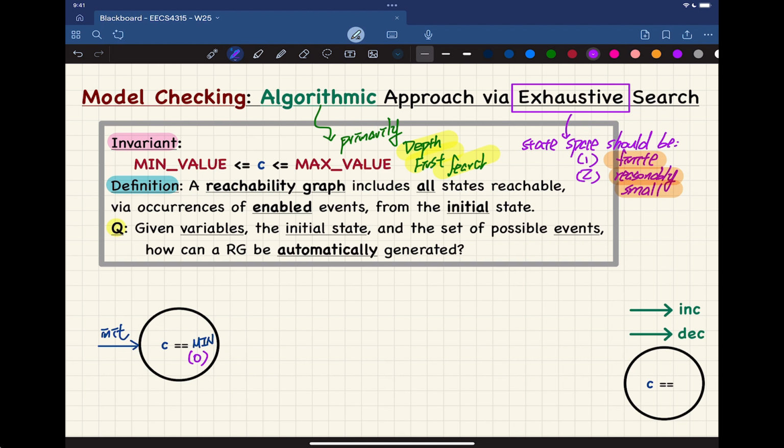And then for every state, we have to consider all the possible transitions that are enabled. That will be the repeated step we have to apply in order to reach out as far as we can, in each reachable state.